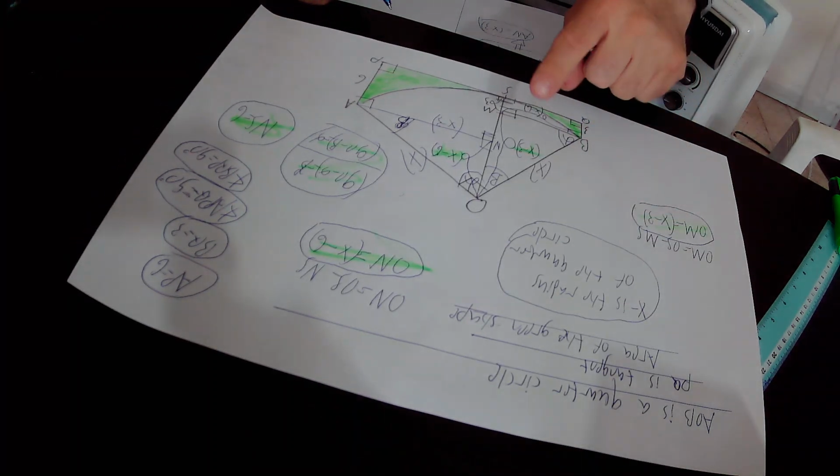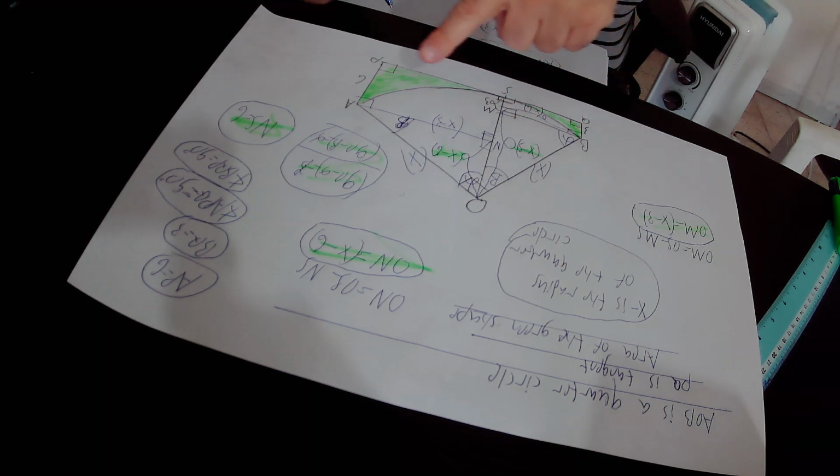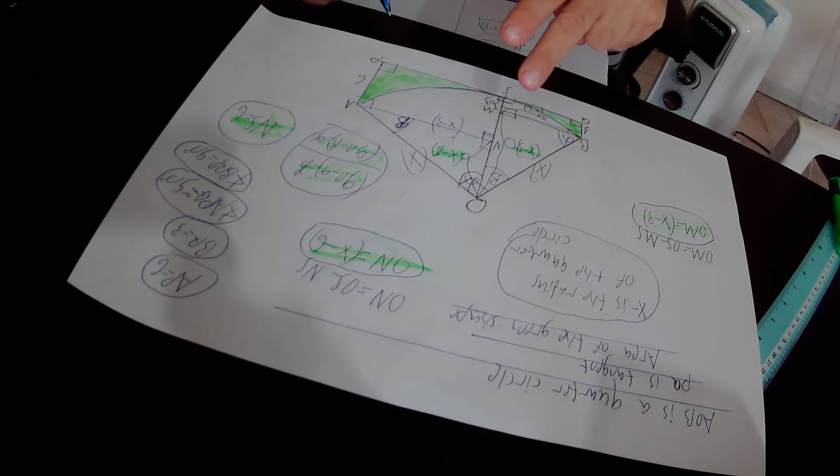In the next step, I will copy the right triangle ONA in a new page and we'll implement on this right triangle ONA the Pythagoras theorem.